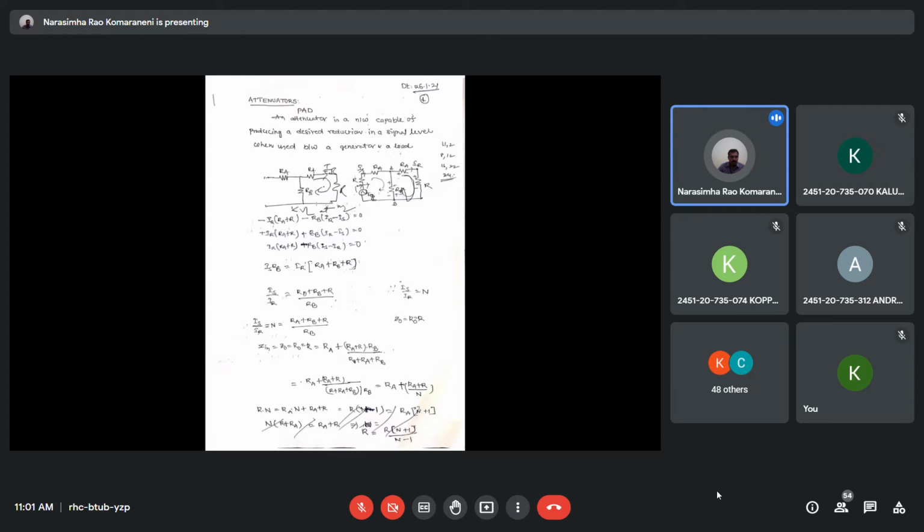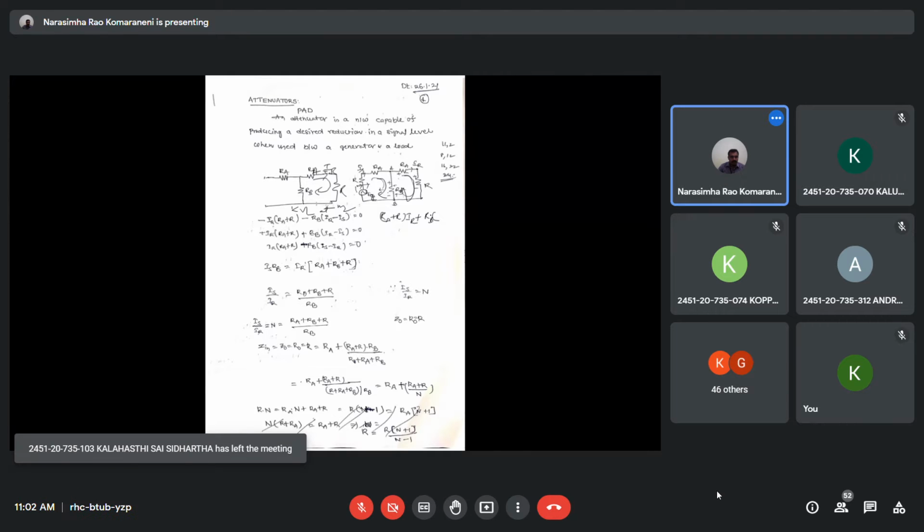Can anybody read out this mesh equation now? This is (RA plus R) into IR plus RB into (IR minus IS) equal to zero, with IS and IR in opposite directions through RB.